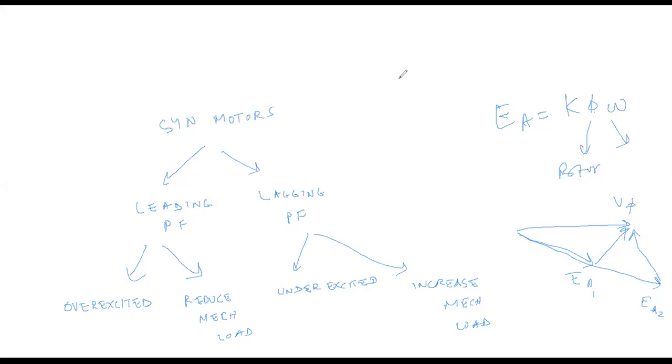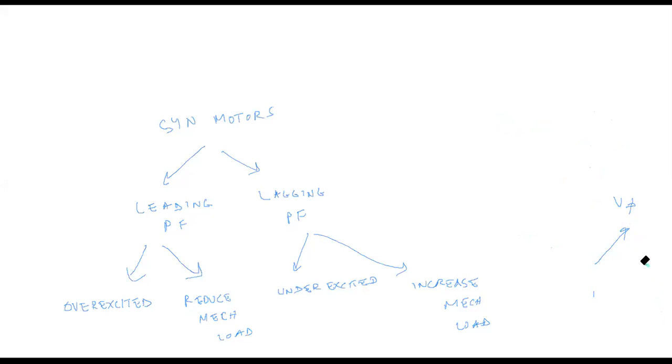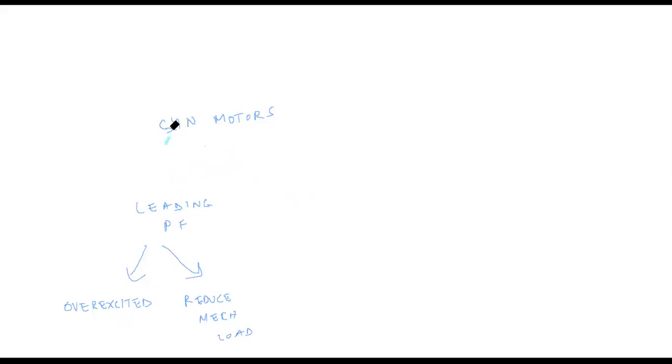Now what we are going to do is harness this property of the synchronous motor and use it as a power factor correction device. Those of you who have studied ENA with me, I had given you a problem in a test or an assignment in which you wanted to do a power factor correction.